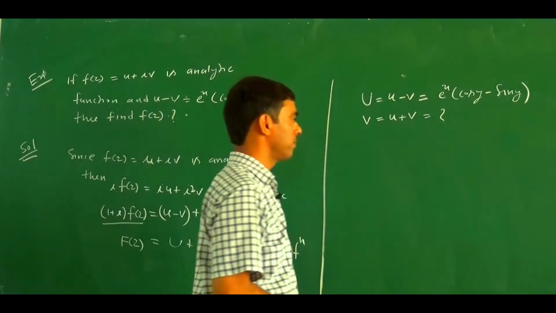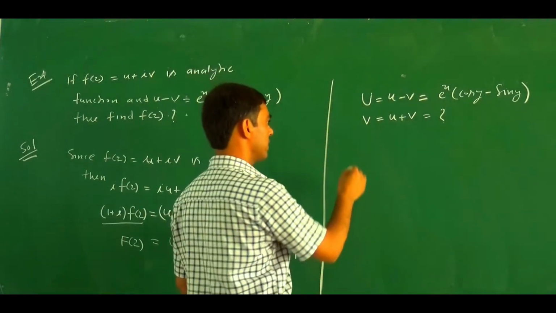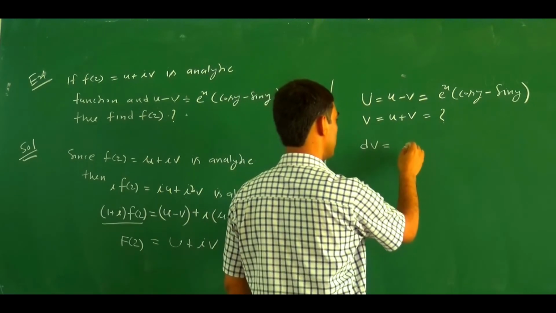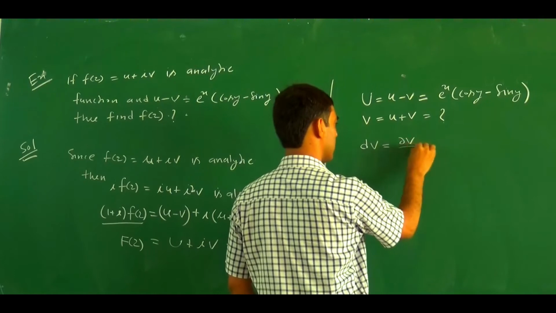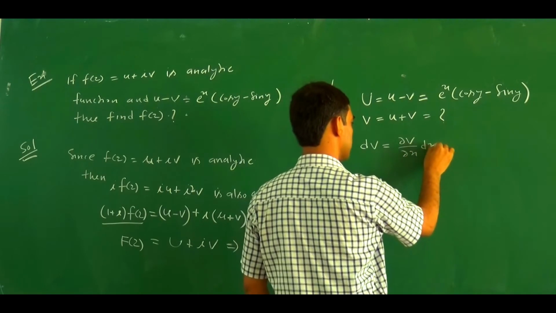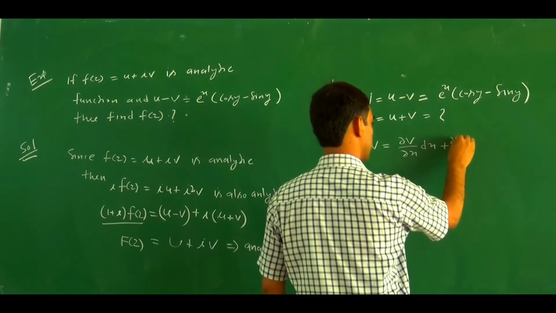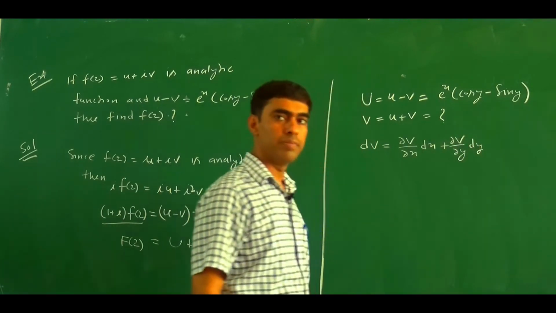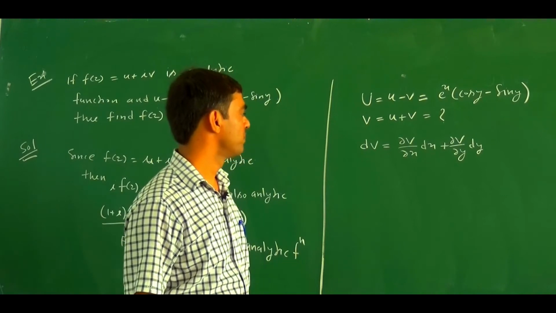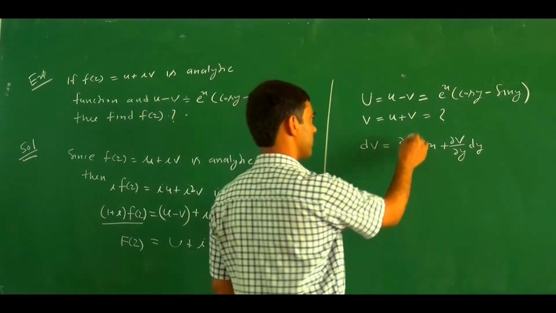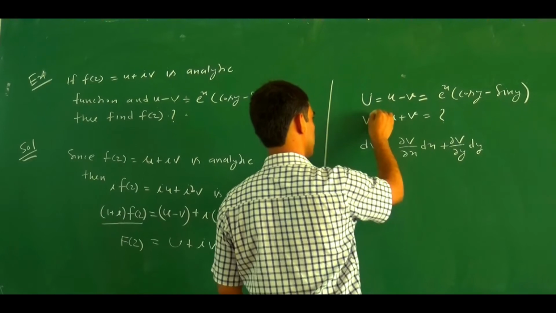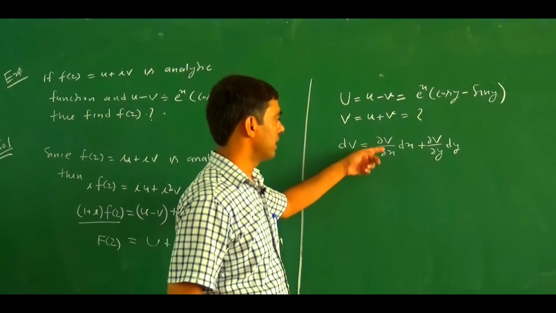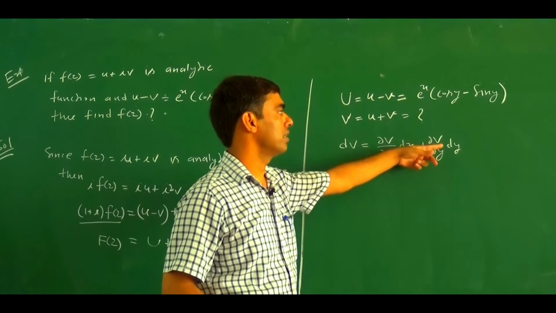How do we find this one? They are harmonic conjugates to each other. Then dV = ∂V/∂x dx + ∂V/∂y dy. Now, this one is a capital V. So dV = ∂V/∂x dx + ∂V/∂y dy.